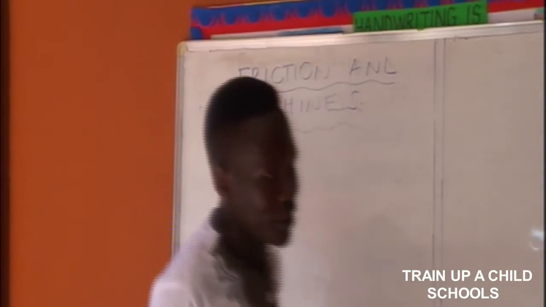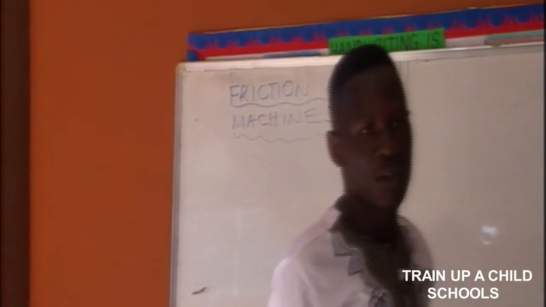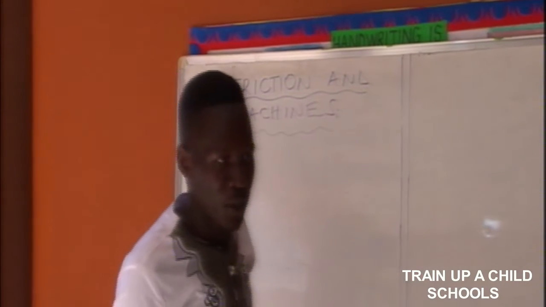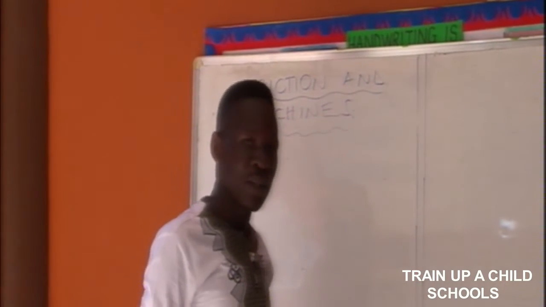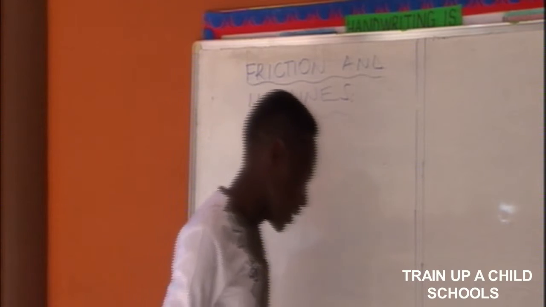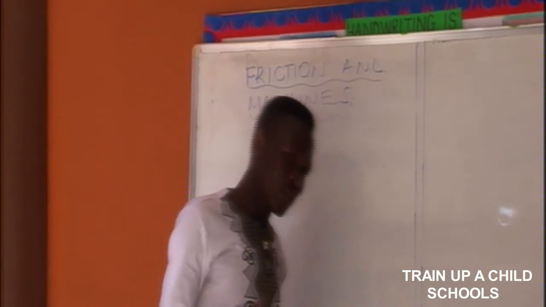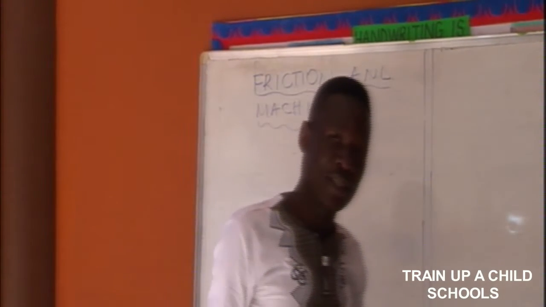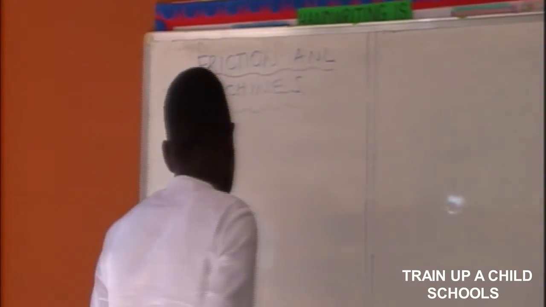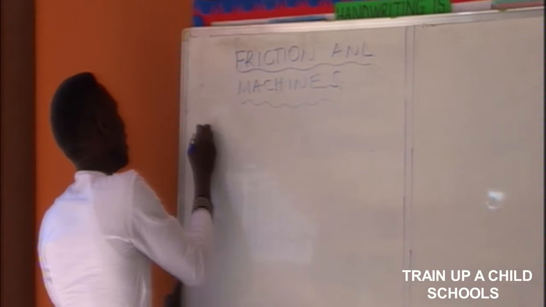What is friction? That's a simple question. Friction is a force that opposes movement between objects which are in contact. As simple as that. I would like to repeat, friction is a force that opposes movement between objects which are in contact. That's what friction is.